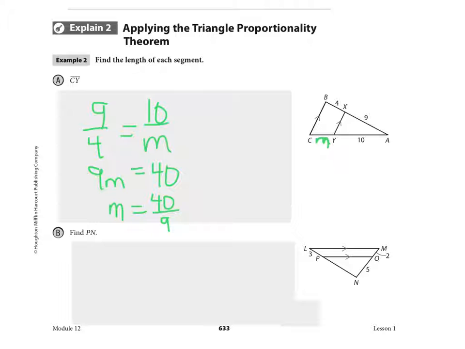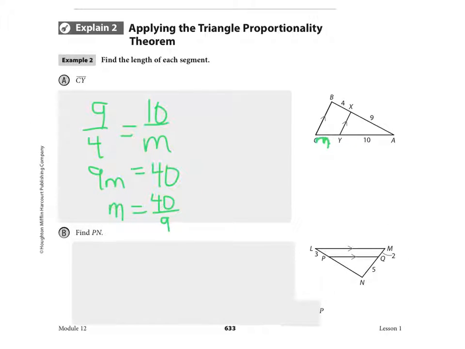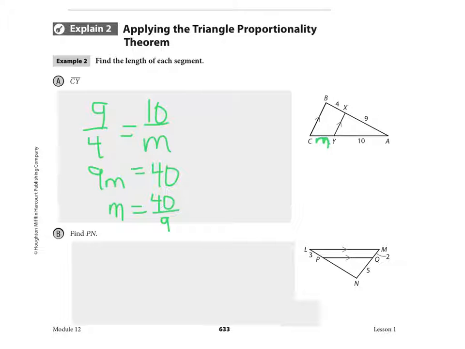So the second problem down here says find PN. And I'm going to label PN now with an X. Okay, so I know 5 is to 2 as X is to 3.